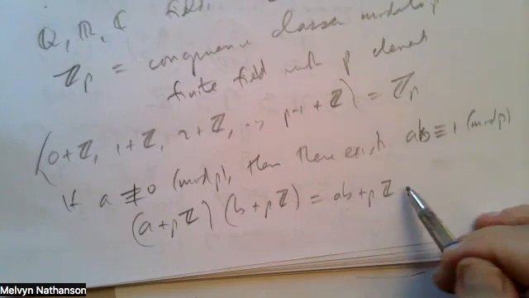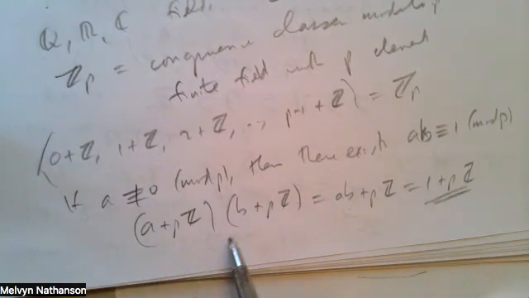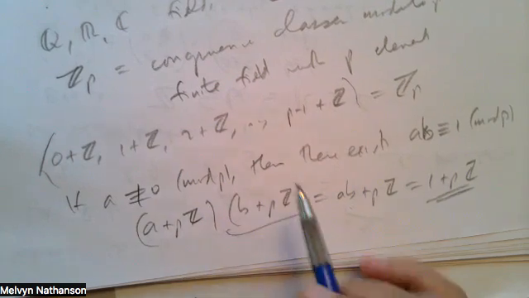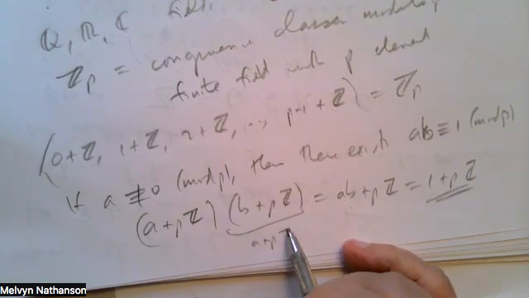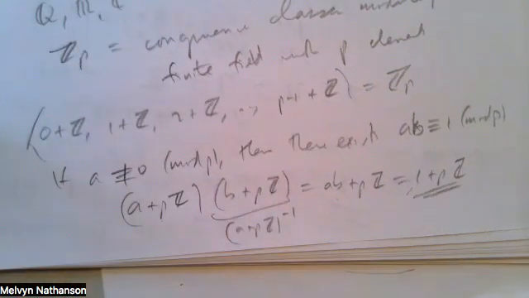And if ab is congruent to 1, this is 1 plus pZ. This is the identity. So this b plus pZ is a plus pZ inverse. This times this is the identity. So if you look at congruence classes modulo a prime, that forms a field, a finite field. Finite fields are infinitely important in applications everywhere.